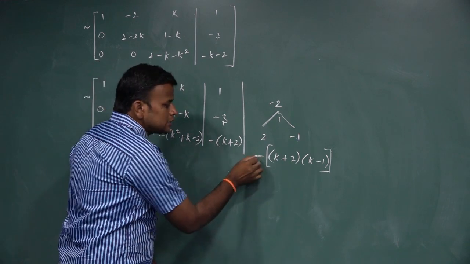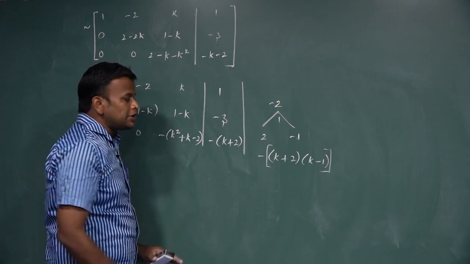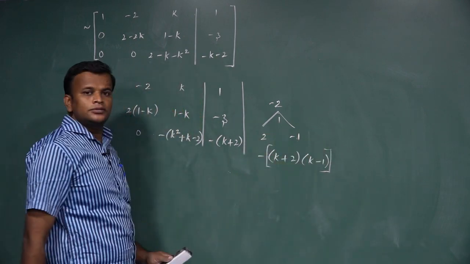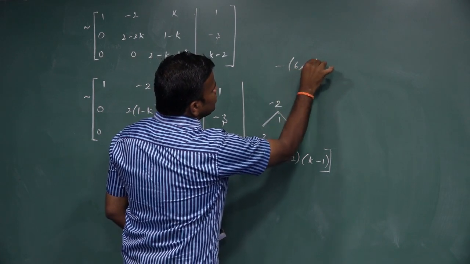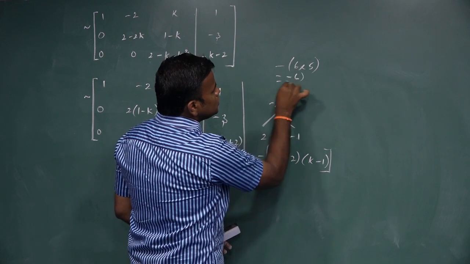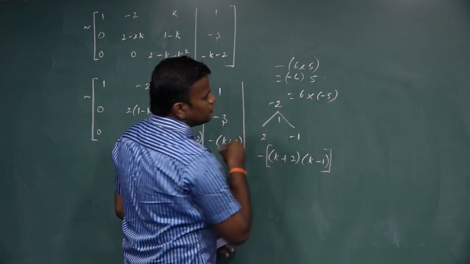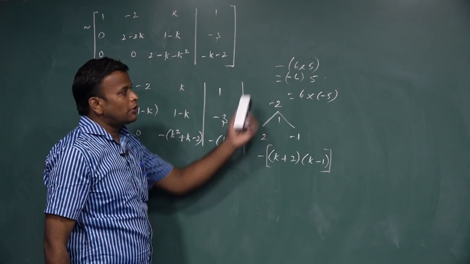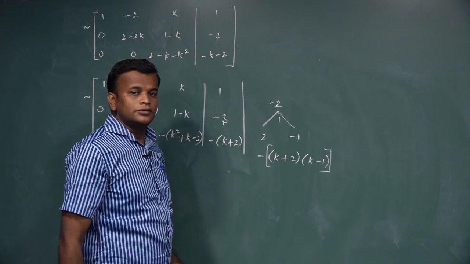Now the outside minus is common to the product of these two terms, so I multiply the minus into any one other factor. Suppose minus 6 into 5 is there. I can write it either as minus 6 into 5 or 6 into minus 5, your choice. It's a multiplication, so the minus multiplies into any one of the factors.